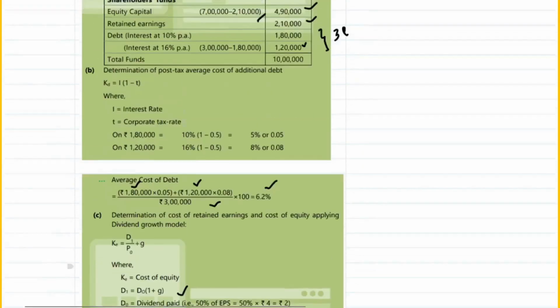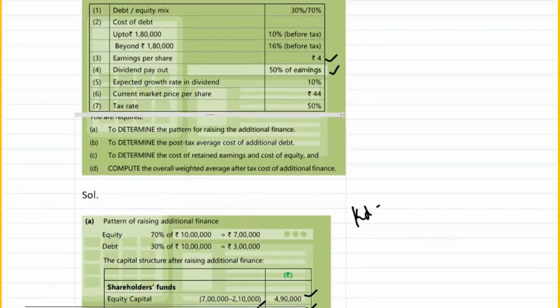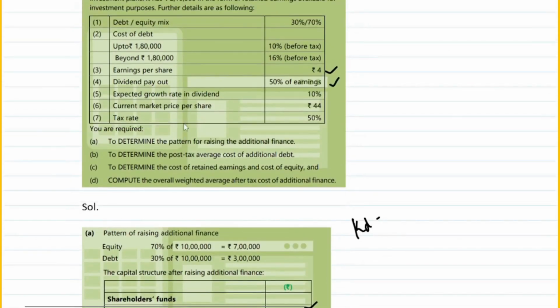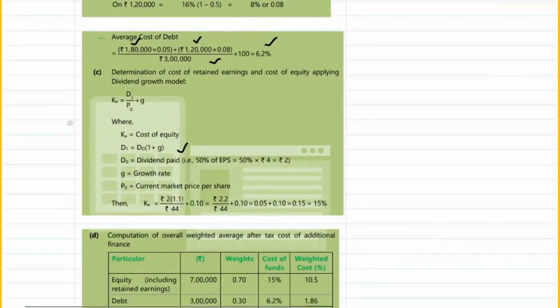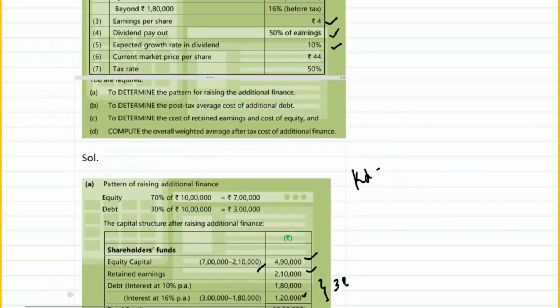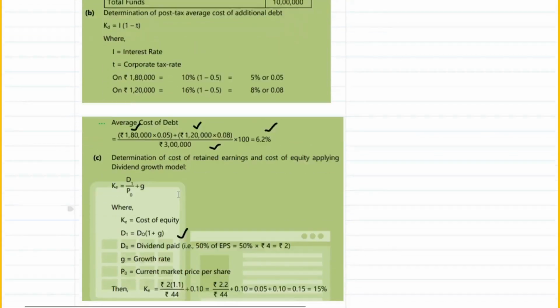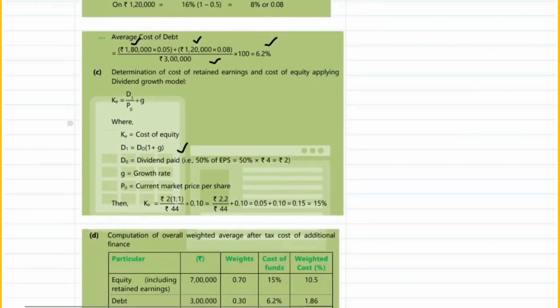What is the growth percentage in this question? The growth percentage is 10%. So D0, 2 into 1.1 for 10%, divided by the price. The price per share, whatever they have given, is 44 rupees. So 2 into 1 plus G divided by 44, plus growth.